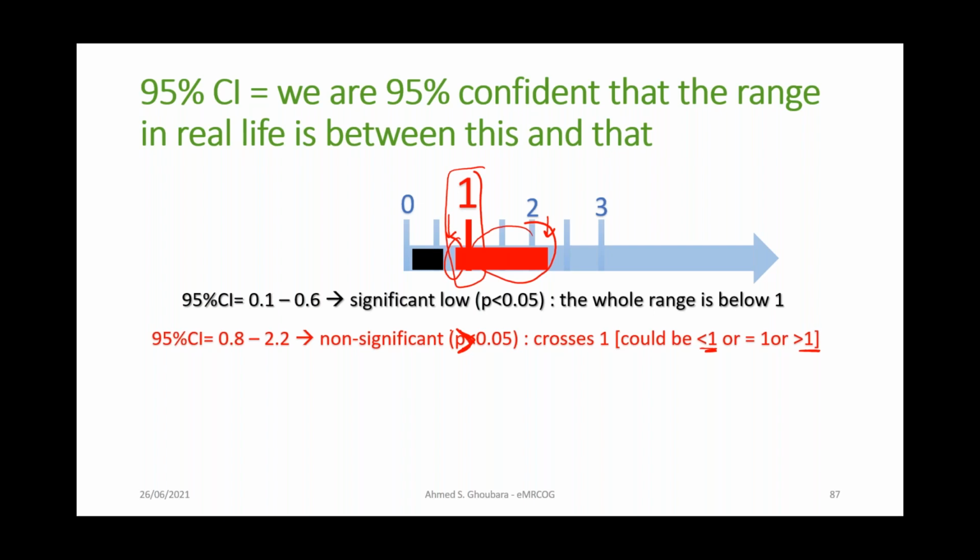The exposure doesn't have anything to do with the outcome, because 1 is in the range here. Very important, because so many colleagues get this wrong. Yeah, non-significant. Perfect.